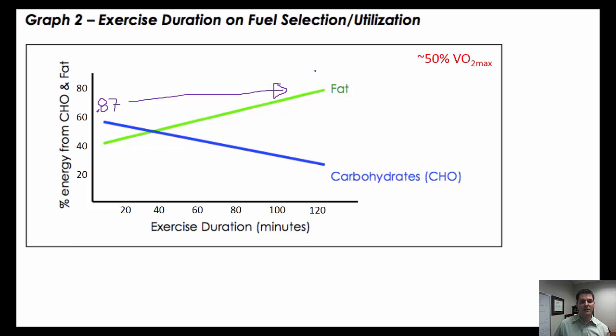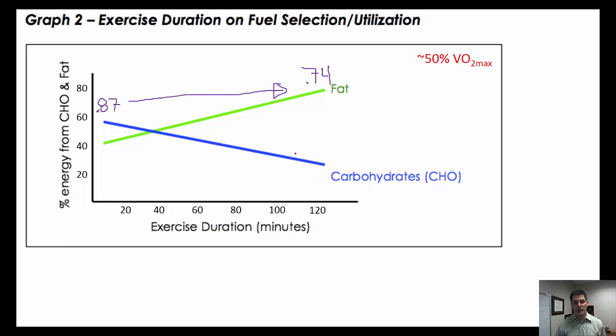And again, I could do the math to get specific, but we're just going to roughly estimate an RER here of 0.74 or so. Again, just a rough estimate. The idea is that we're going to move closer to that 0.7 value as we work our way here and use less and less carbs.